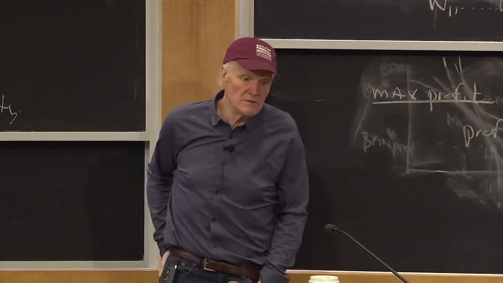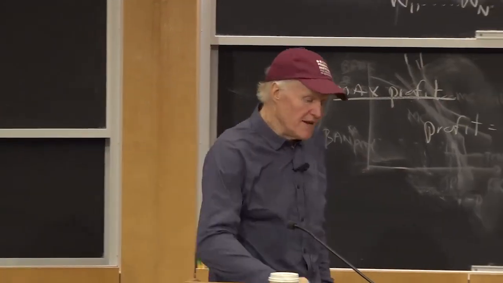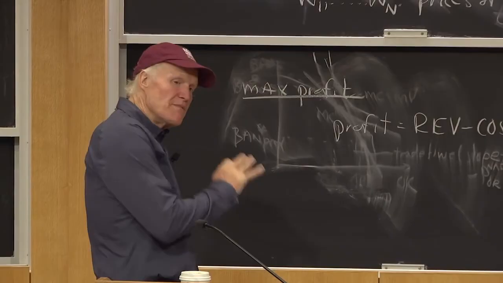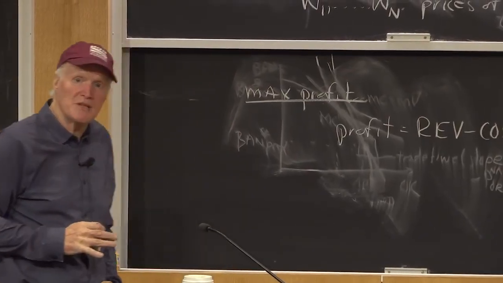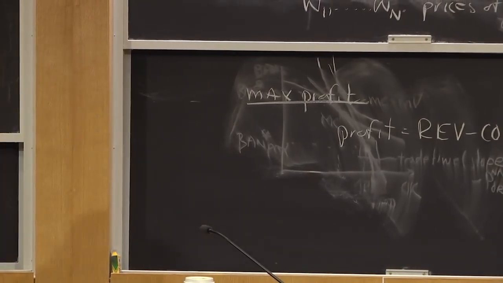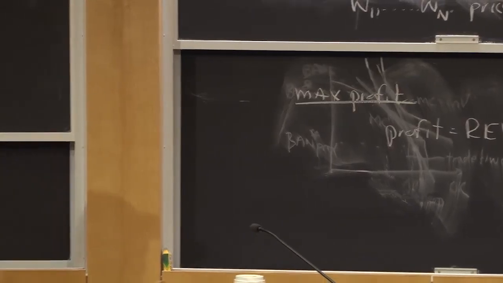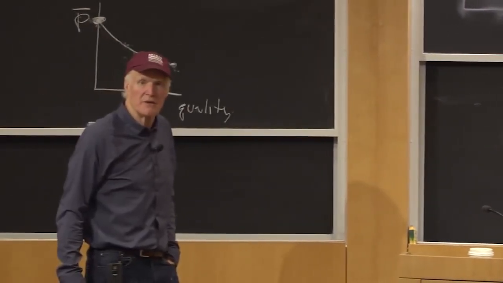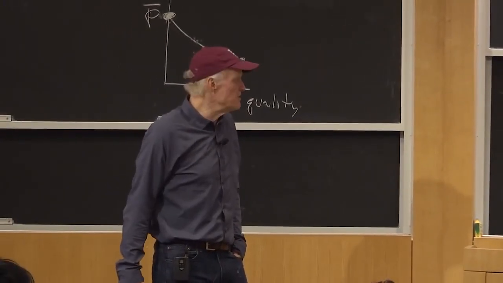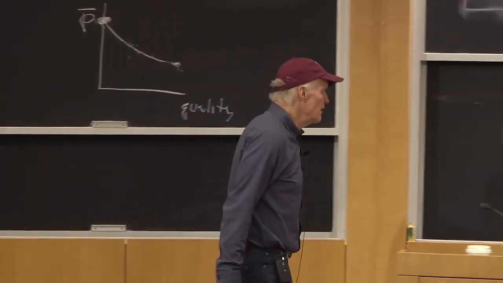So that's where you'd have to deviate. But I think most economics focuses on profit maximization. That's really the model that we get the most mileage from, and that's what we're going to do most of the time, okay?